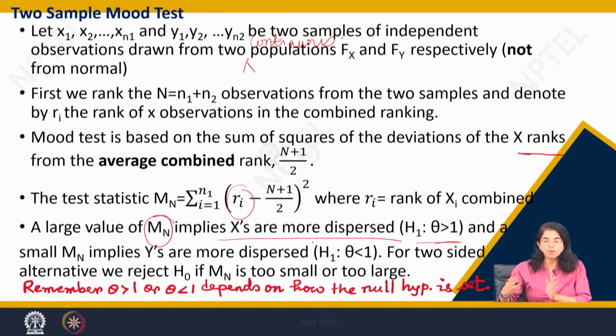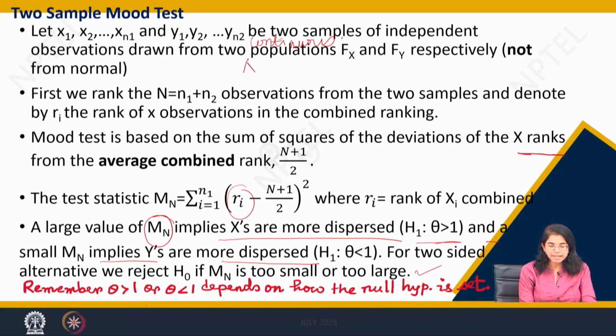If X are more dispersed, then on the contrary, Y's are more compressed. And a small Mn implies Y's are more dispersed. So that's how you have to build the alternative hypothesis. For a two-sided alternative, we reject the null hypothesis if Mn is too small or too large.